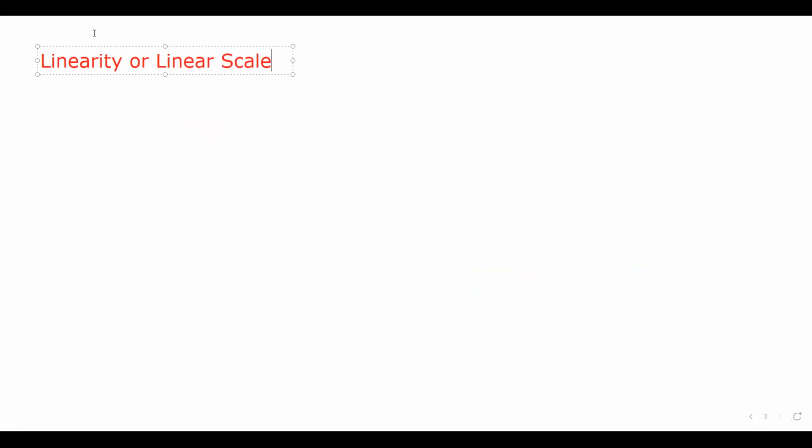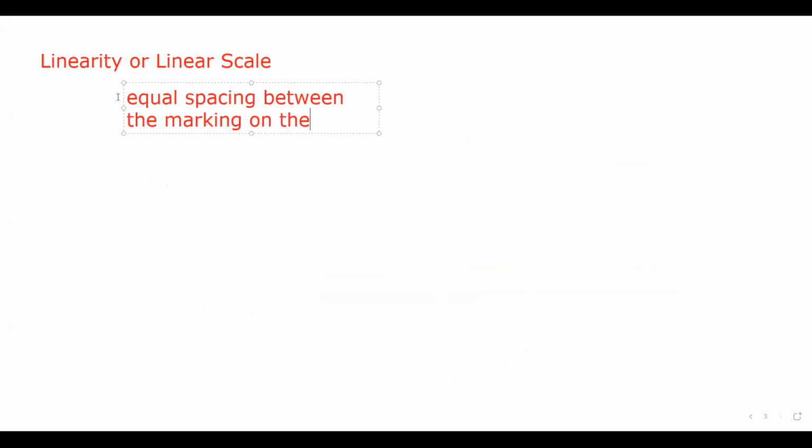The linearity or a linear scale means that if you have equal spacing between the markings of the thermometer, we call that a linear scale.